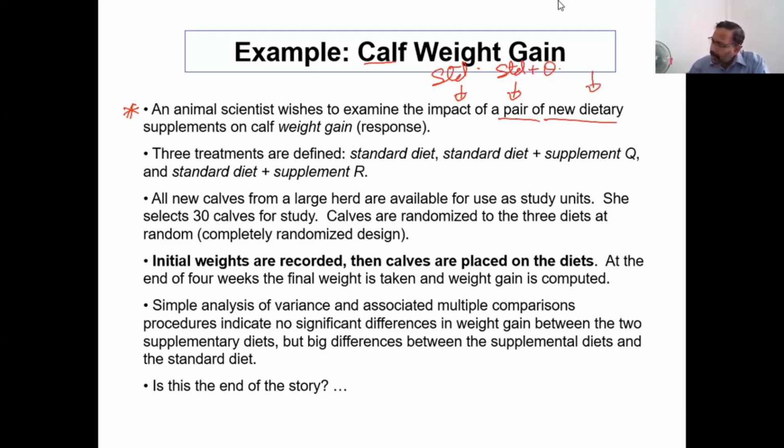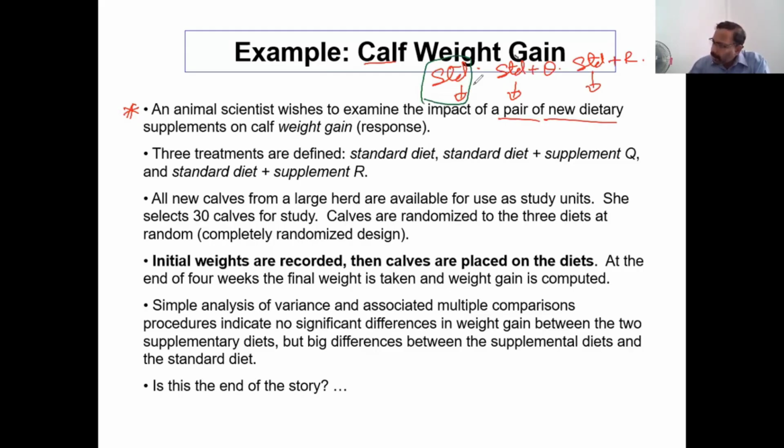The second new diet is standard diet with supplementary R. So altogether in our experiment, 3 diets are there. The first diet is a standard diet. That is what we are practicing now.